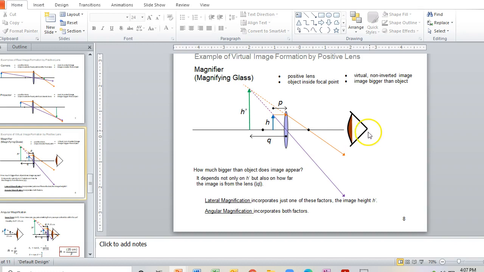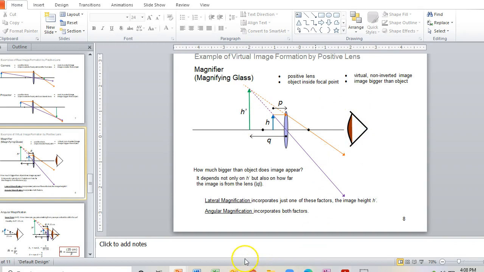So with the hyperopic eye, what we want is, when you have that iPad or book at a P of 25 centimeters, we want the image to be formed at your unhealthy near point. So when the object is at 25 centimeters from the lens, we want its virtual image to be at whatever the near point is for the unhealthy eye.